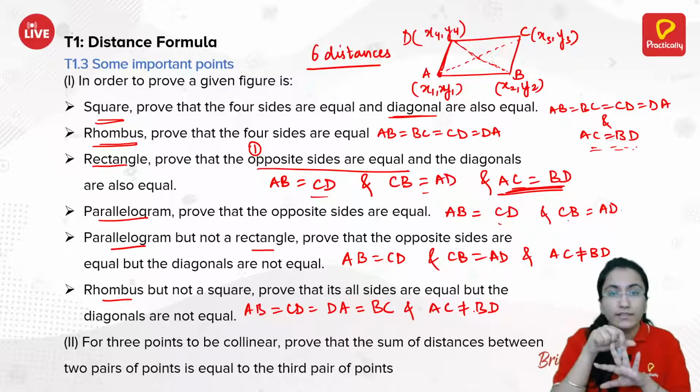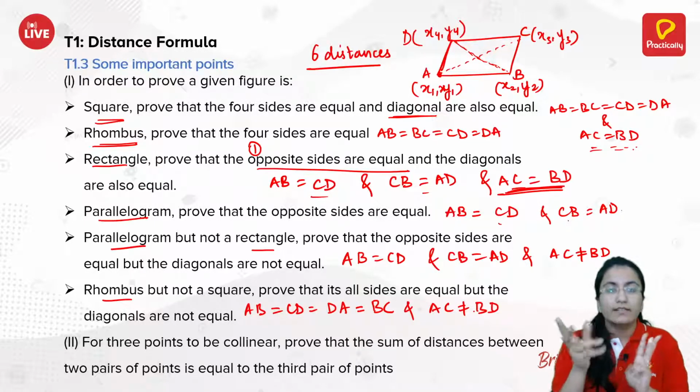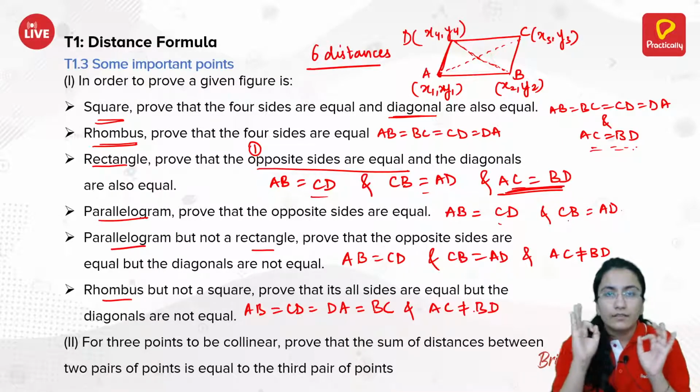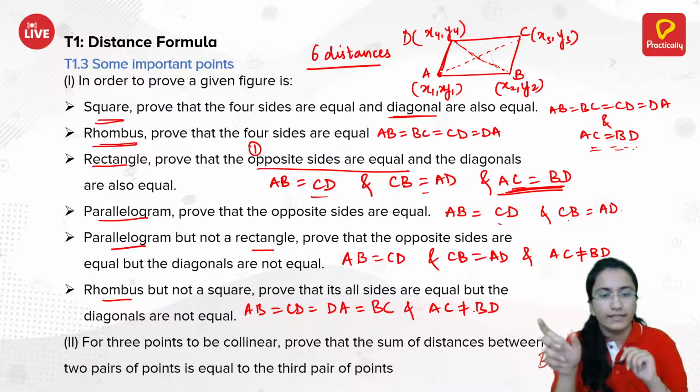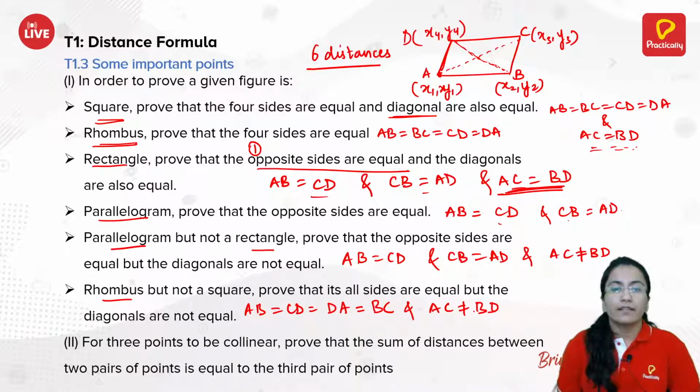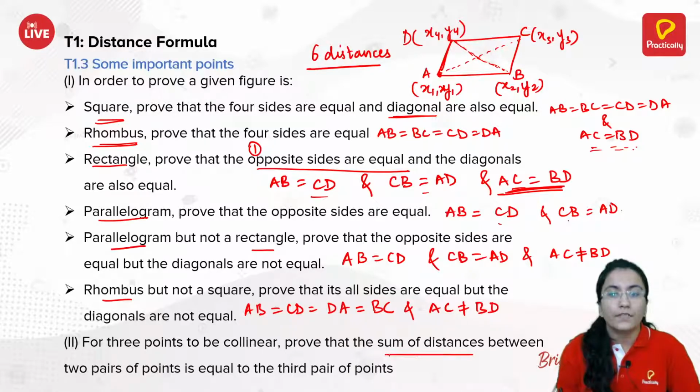Next, calculate the distance between the next two. Next, calculate the distance between first and third, right? 3 times apply the distance formula, right? You will get 3 distances. Then what you need to check is, one distance must be the sum of the other 2 distances. Only then you can say that the 3 points are collinear.